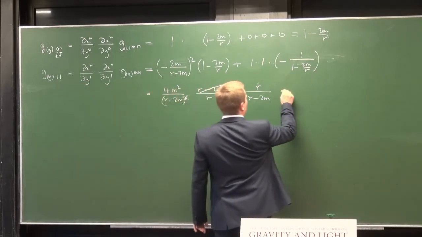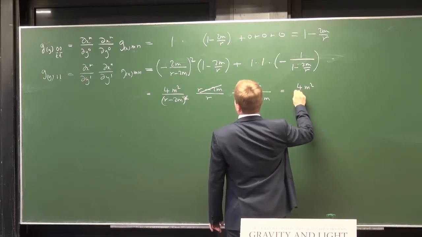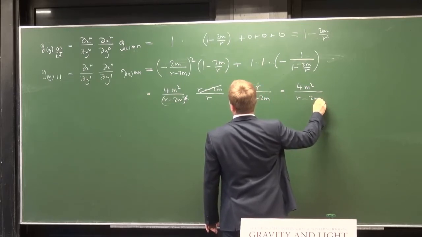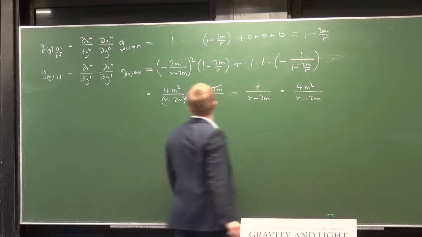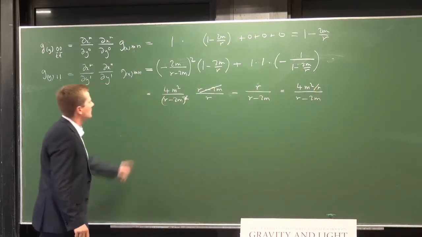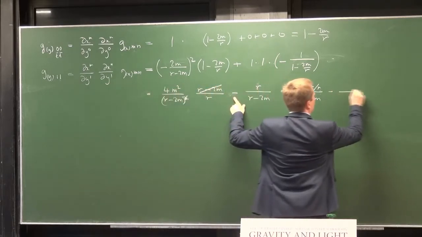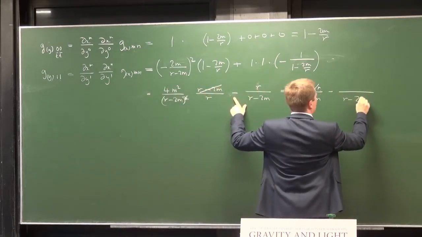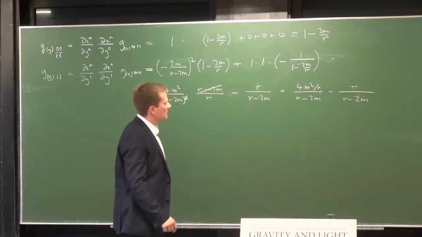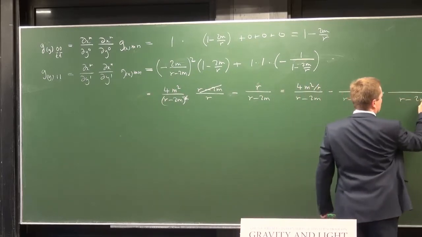And then you get 4m squared by r minus 2m, this over r here, minus r minus 2m over r, equals r minus 2m.